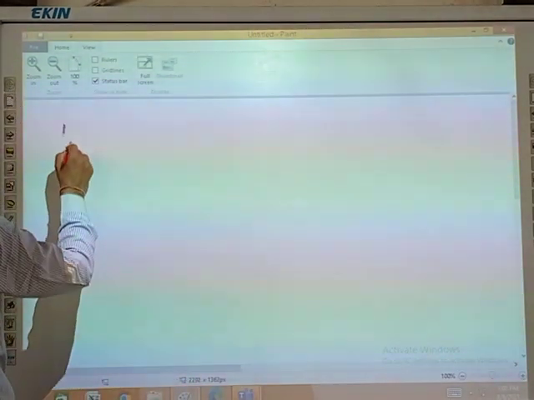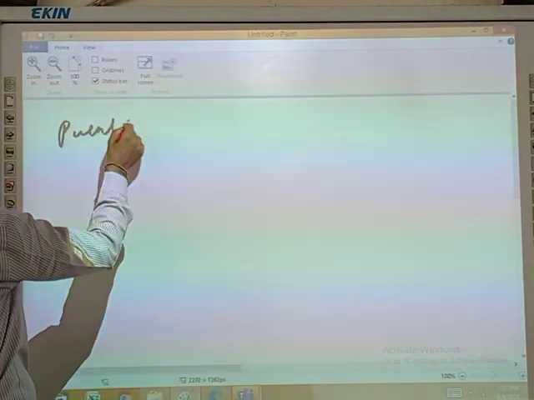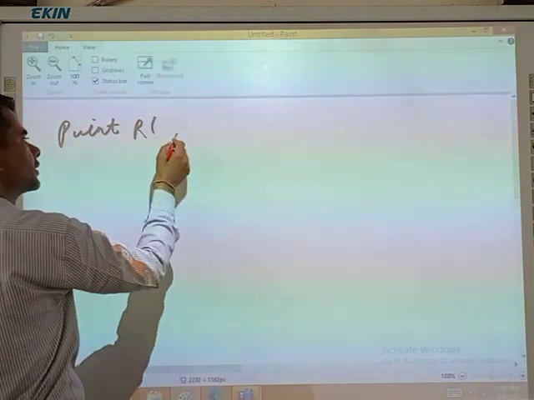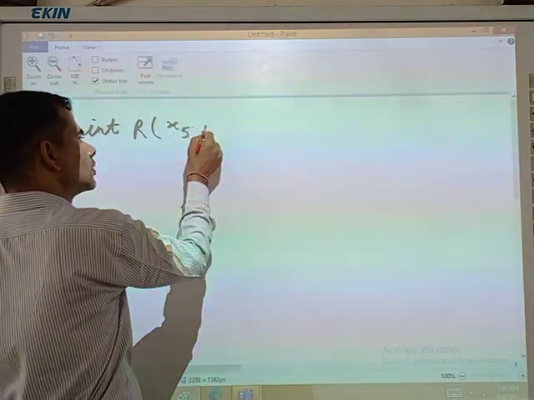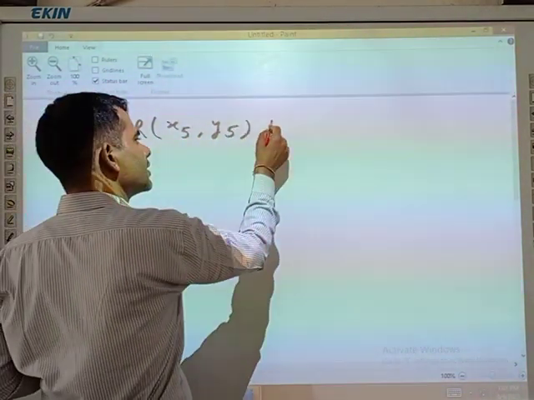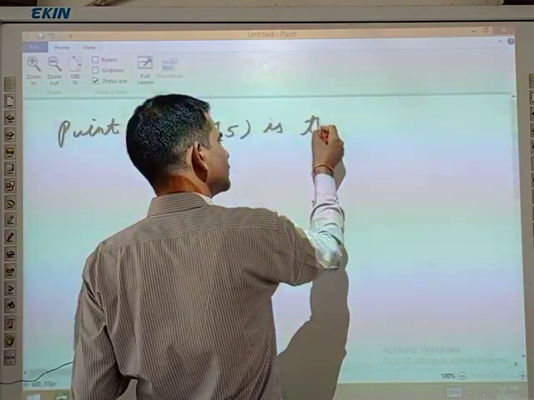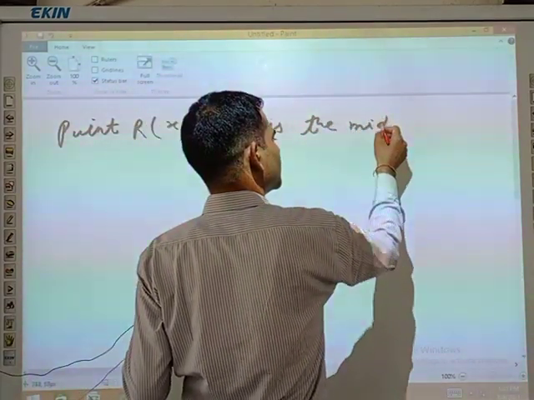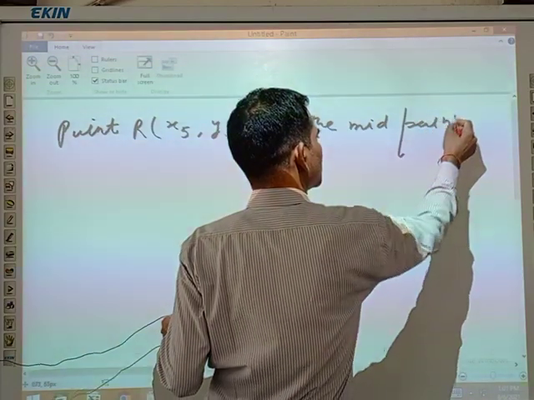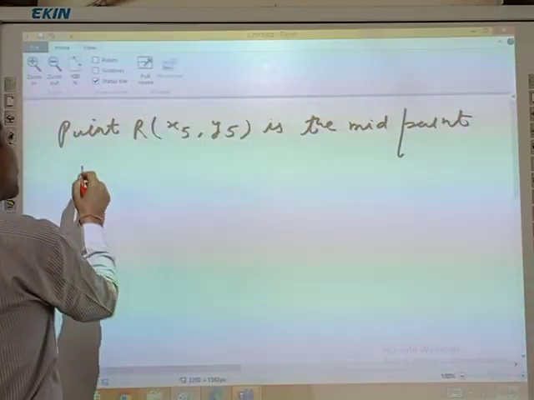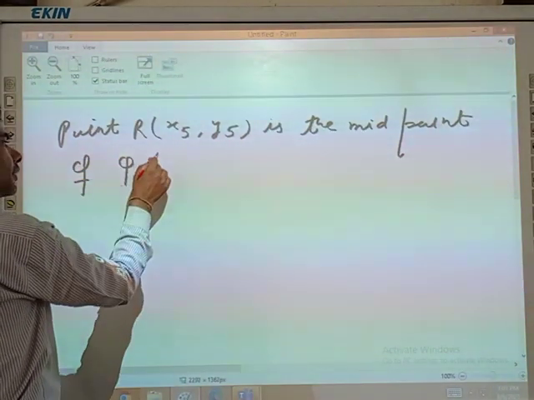Now find R (x5, y5), the midpoint of QB.